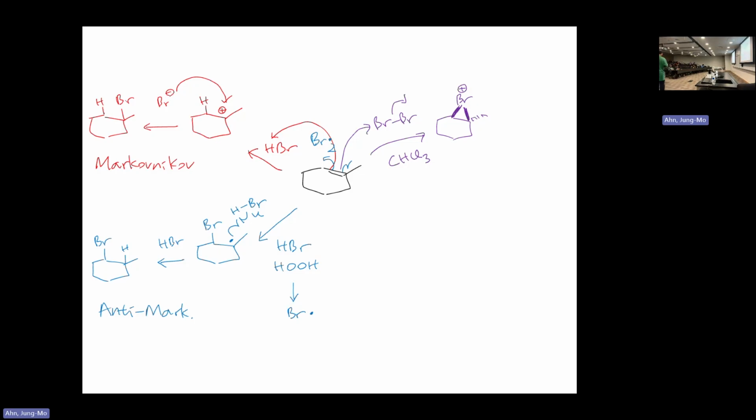much bigger than the hydrogen, so they actually make something called a bridged ion. In the bridged ion, they make two bonds over the two carbons of the double bond. But the bromine is positively charged, so that's going to pull electron density from the carbons it is bound to. But the more substituted carbon will lose more.